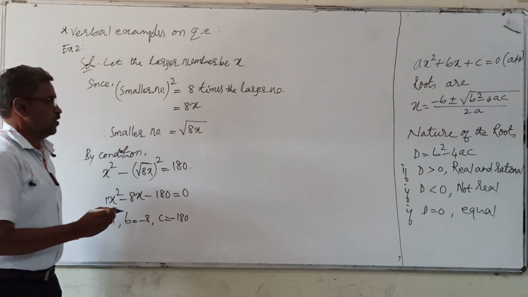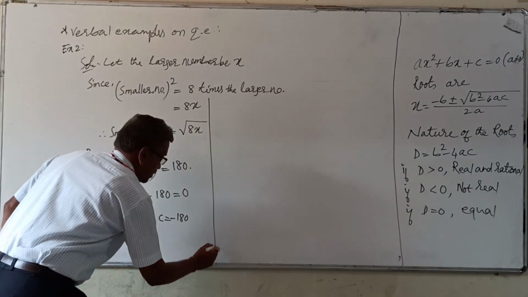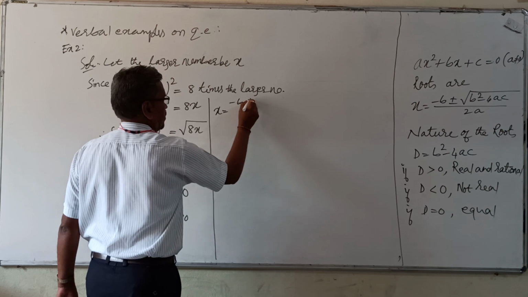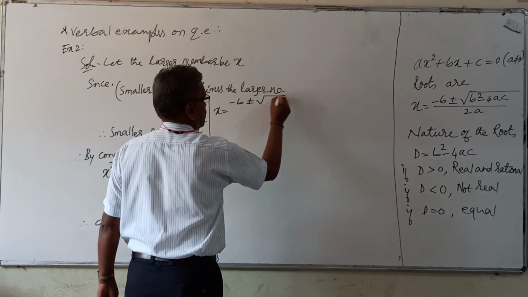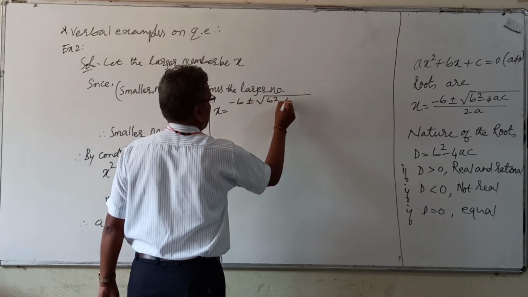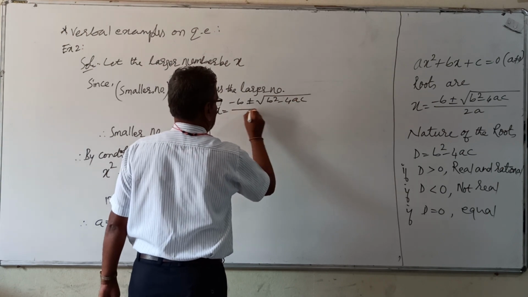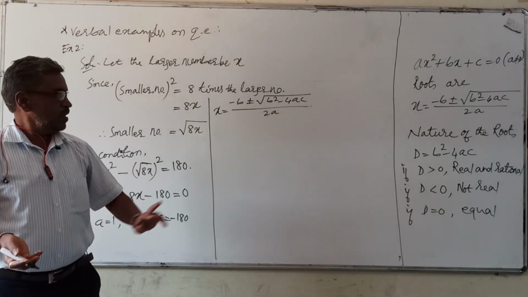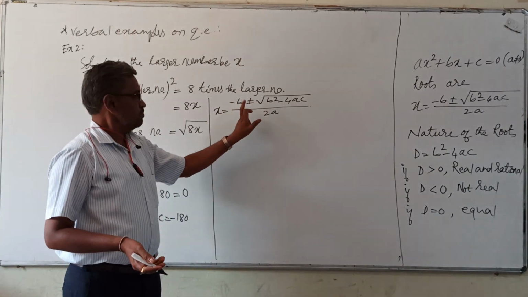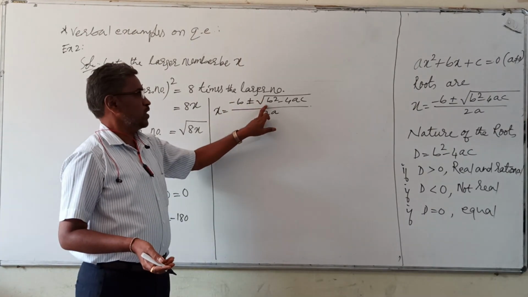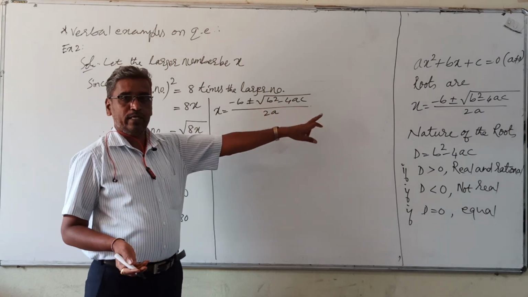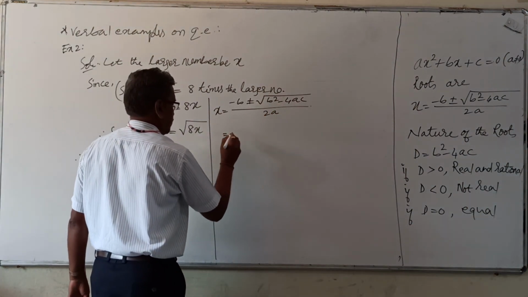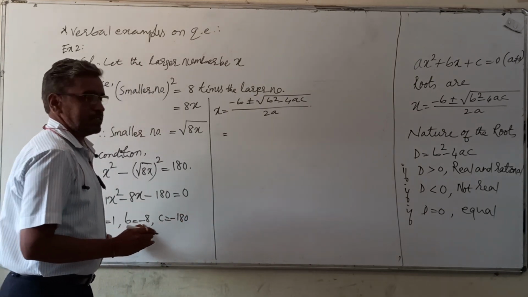So apply the formula. We know that x equal to minus b plus or minus square root of b square minus 4ac, whole divided by 2a. The formula must be written very carefully. Substitute: the value of b is minus 8.